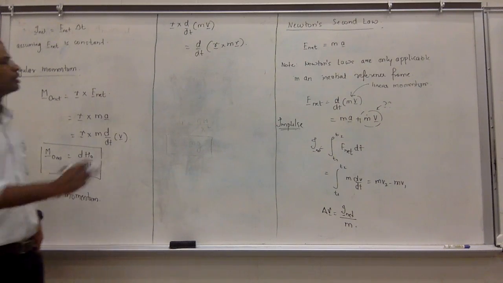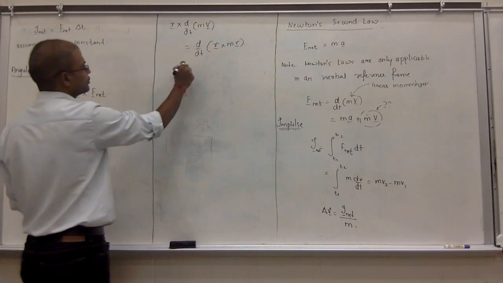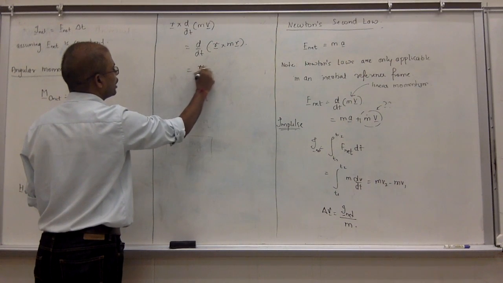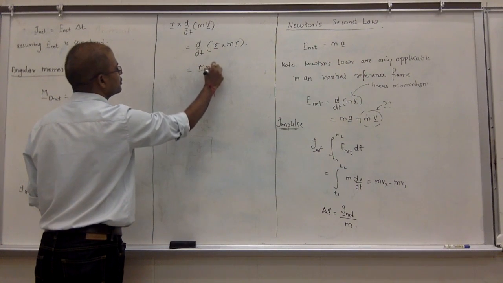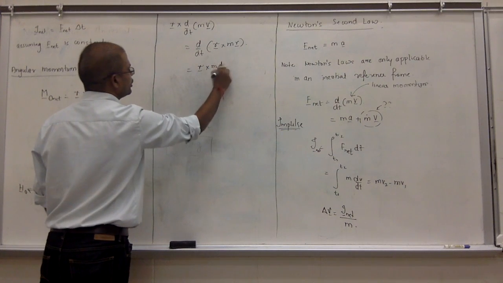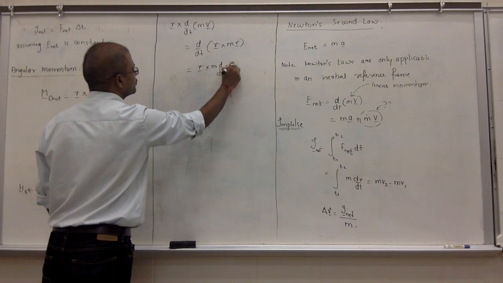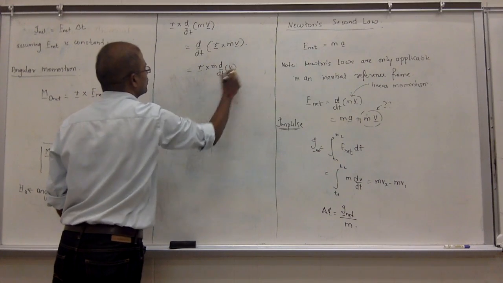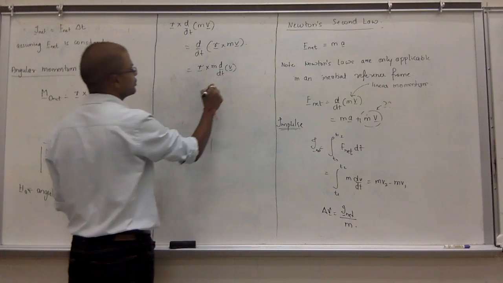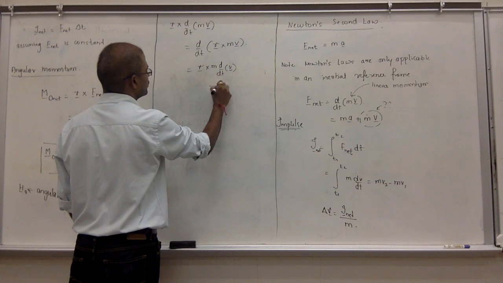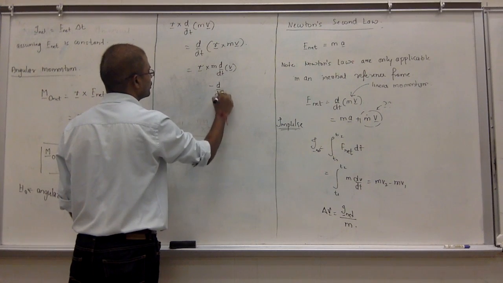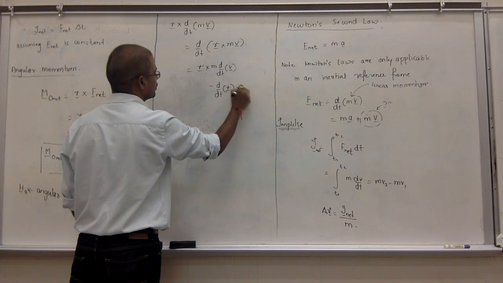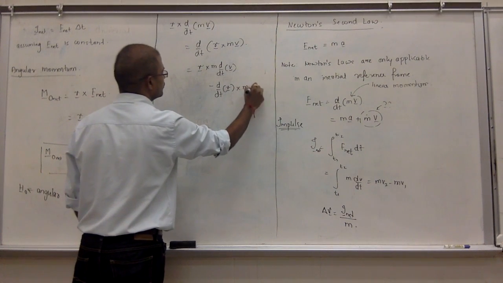Now why can we write it like this? If I split this open, what am I going to get? R cross m d over dt of V, minus d over dt of R cross mV.